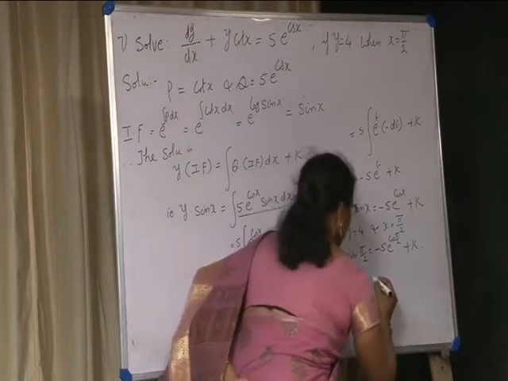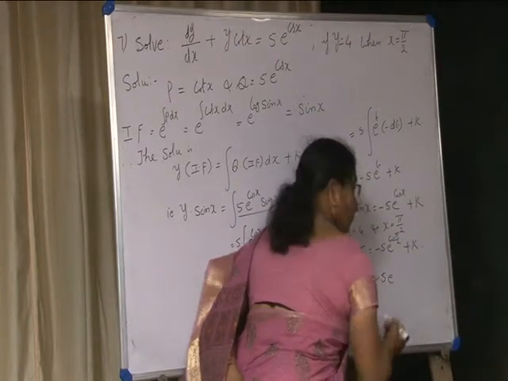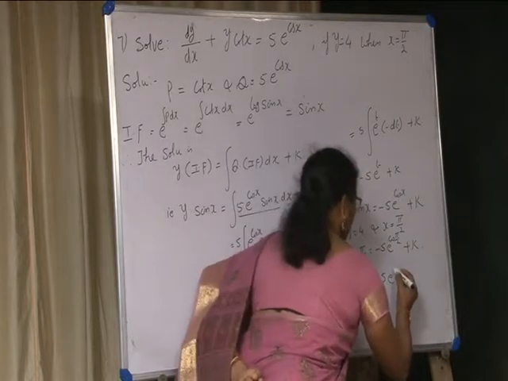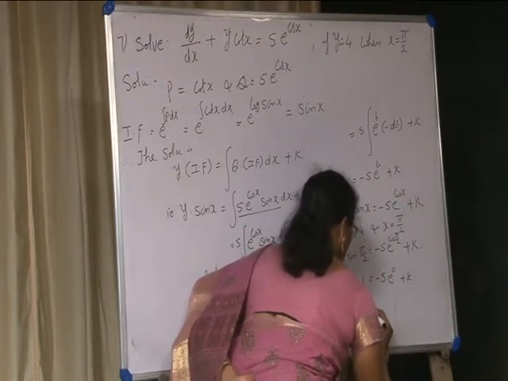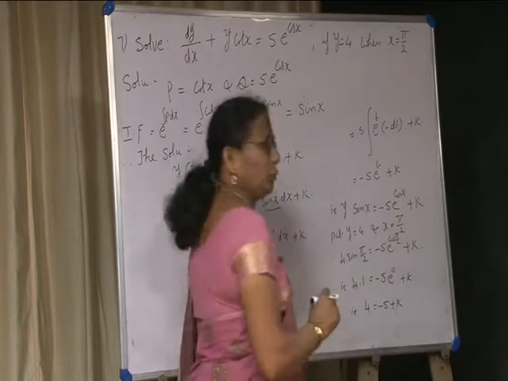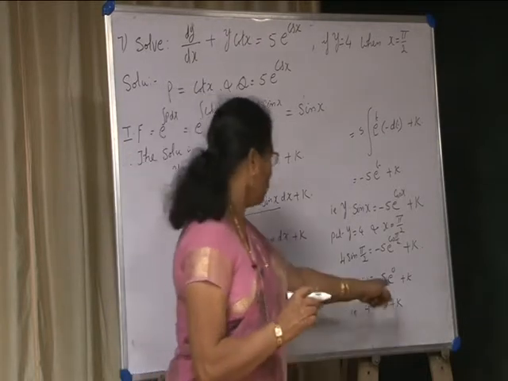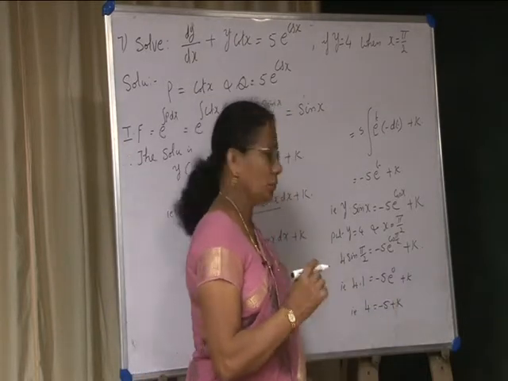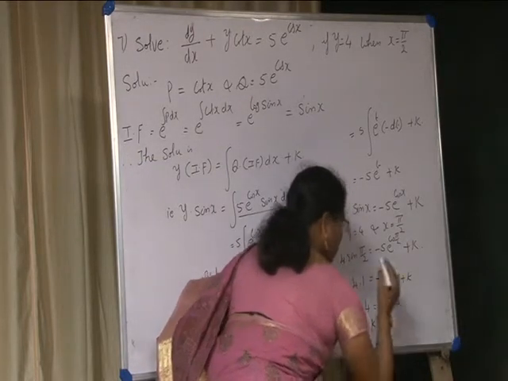Cos pi by 2, cos 90 degrees, is 0. So 4 is equal to minus 5 e to the power of 0 plus k. E to the power of 0 is equal to 1. Therefore 1 into minus 5 is equal to minus 5. Therefore k is equal to 9.